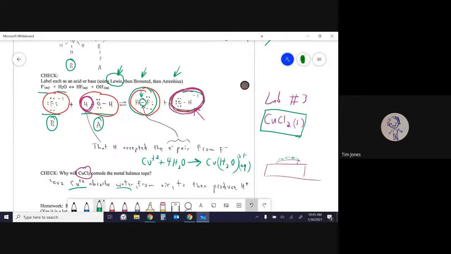And then, oh, I said I wasn't going to put states. And then this complex ion is acidic, and it reacts with the metal top, and that's what messes up the balance top. So you'll notice this actually. If you look at any of the balances, you'll see little pits, tiny, not really holes, but little dents from stuff like this just being spilled and sitting there long enough that it starts to react with the balances.